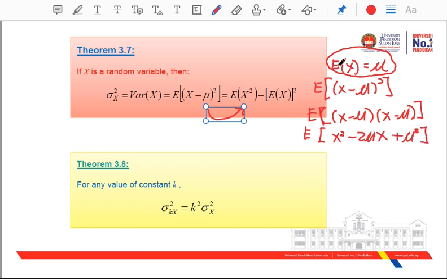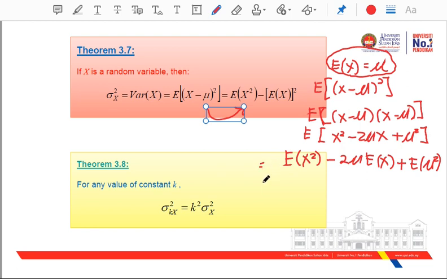Okay, so vice versa, you can change E(X) to mu, or you can change mu to E(X), either way. So I can simplify, it is basically E(X squared) minus 2 mu E(X) plus mu squared.